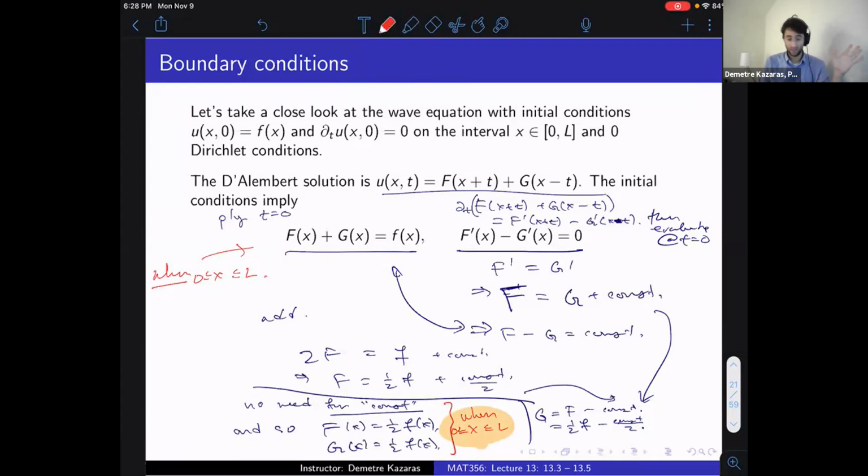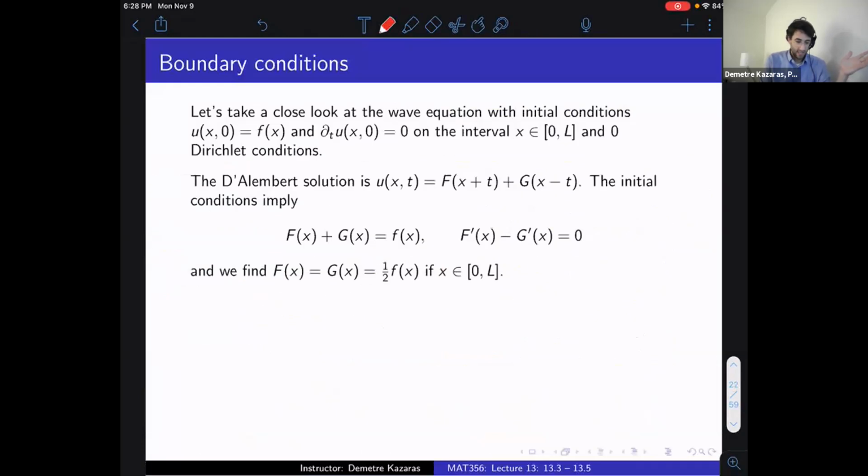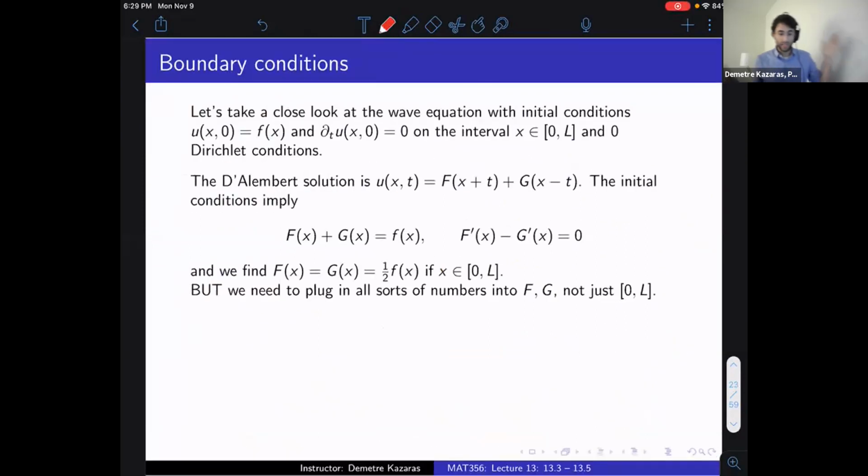But now we need to figure out, well, I think I say this in the next slide. Right, so both the f and g are just 1/2 little f, the initial displacement, when x is in between 0 and L. But you got to plug in all sorts of numbers into f and g, not just numbers in between 0 and L. So what is f of 3/2 L, for instance?